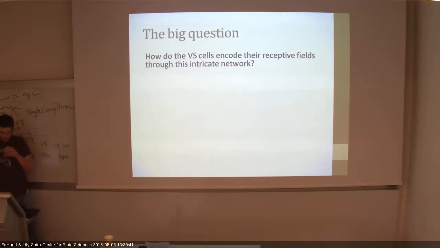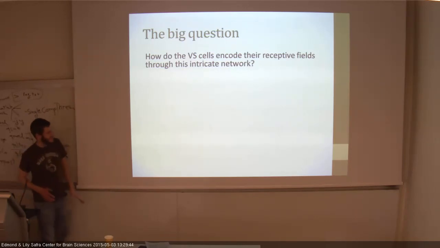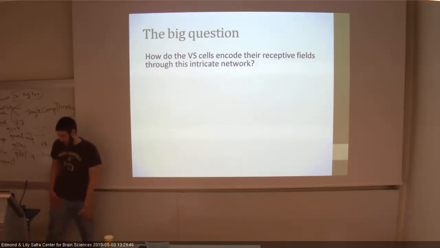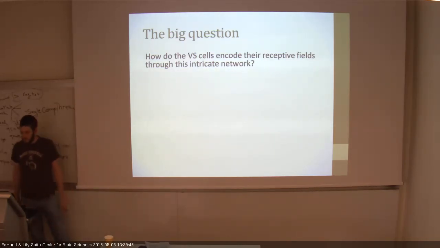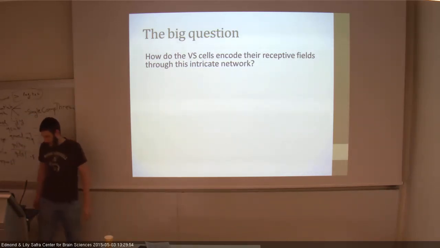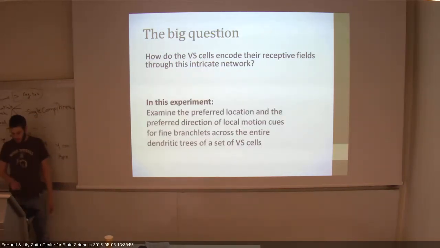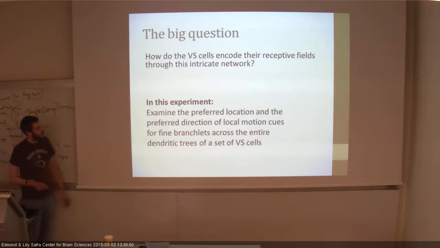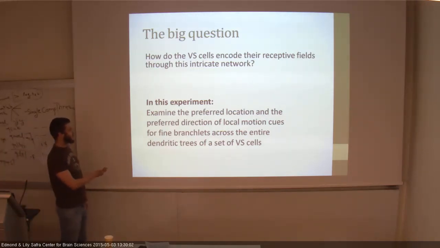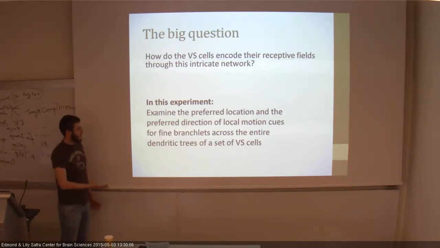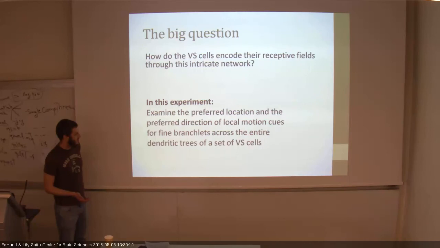So the big question, not the one that this paper proposes to answer, but the big question is how do these VS cells encode their receptive fields through this intricate network? We're going to talk about the receptive fields too. The contribution of this experiment to this question is just to examine the preferred location and preferred direction of local motion cues for defined branchlets across the entire dendritic field of a set of the VS cells.